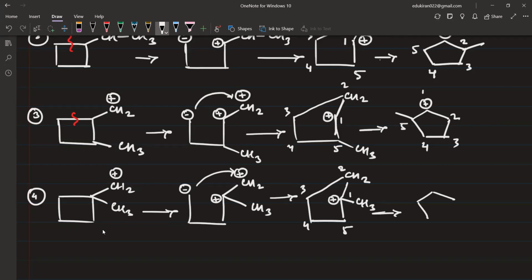And it is going to give me, this is my first carbon with a positive charge and CH3 group, second, third, fourth, and fifth. Write this down, then I will write a concluding point, okay?